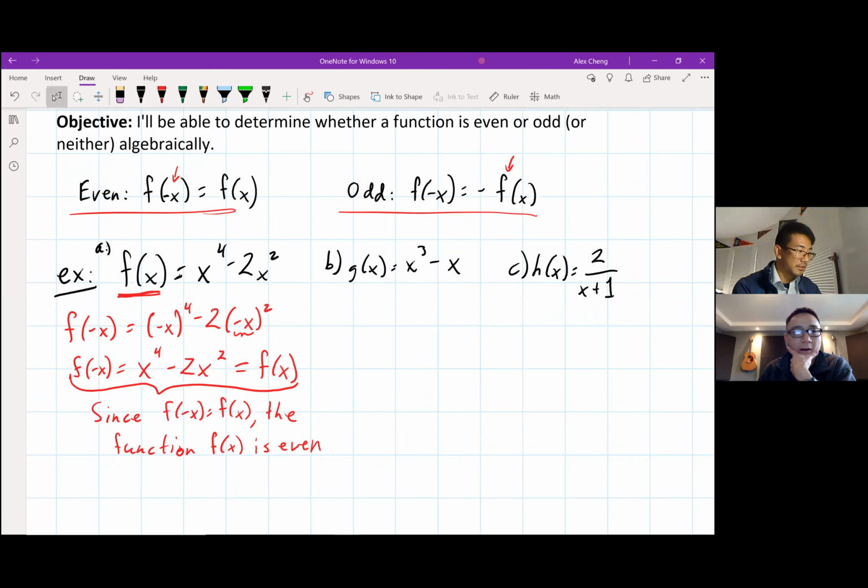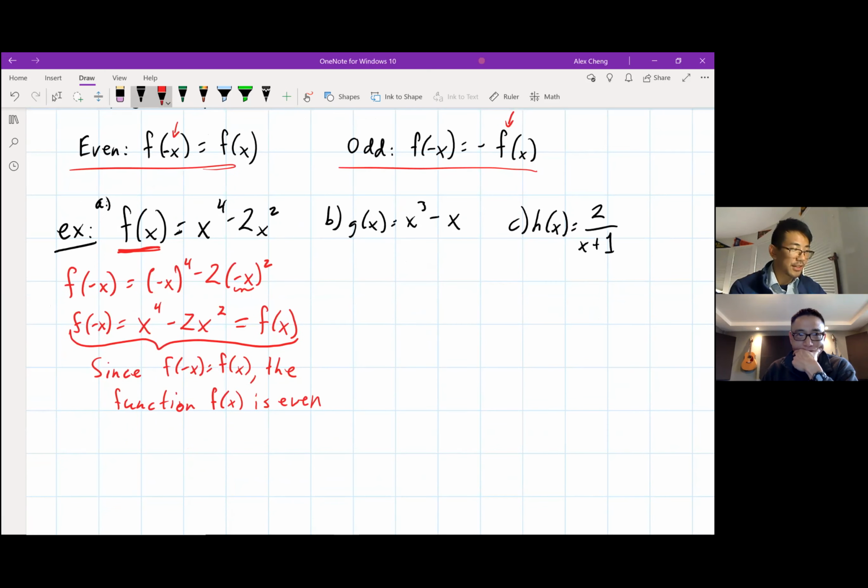Sorry, Mr. Chu, I think we might also want to point out, because it's totally possible for a function to be both even and odd, right? True. So I guess maybe we won't do this for the next two, but just to check this one, let's check negative f of x here, which is going to be the original f of x.